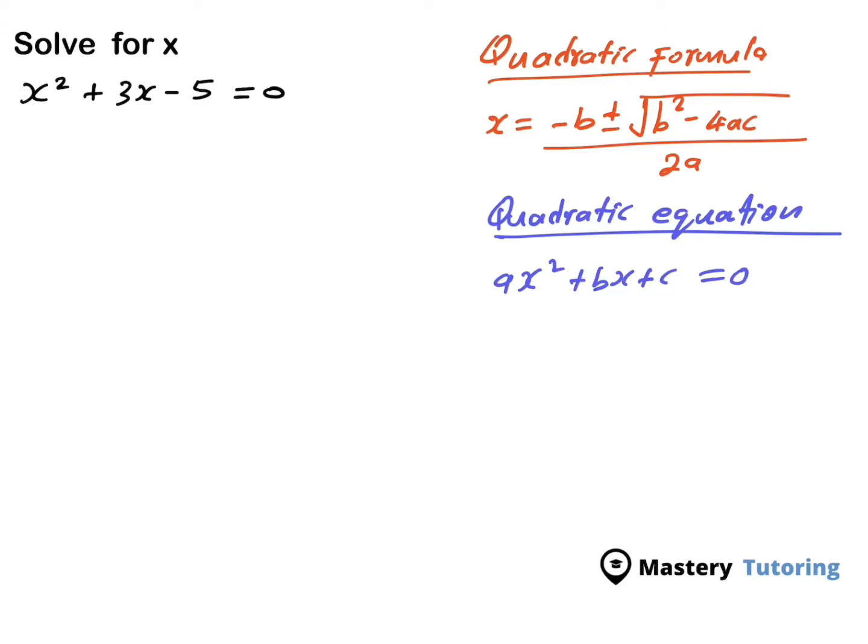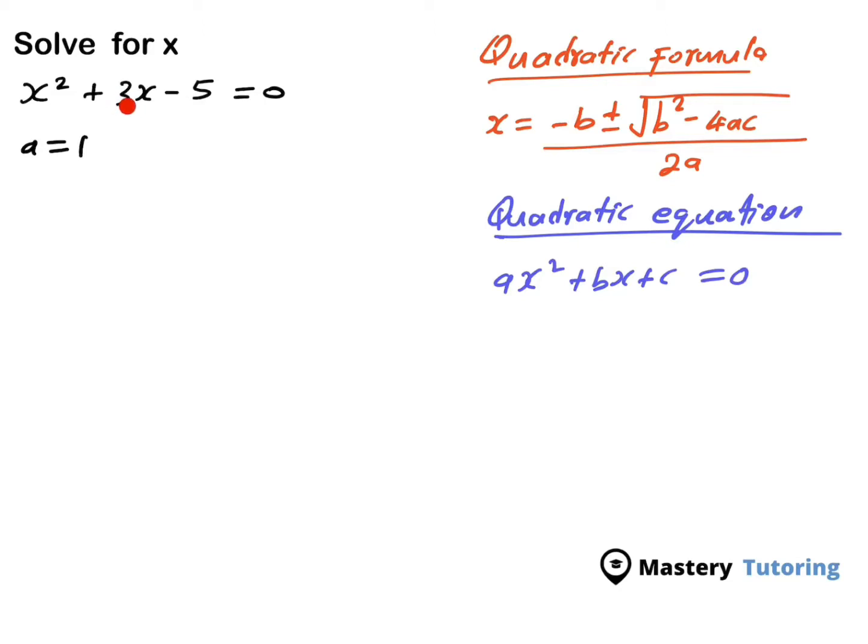The a is the coefficient of x squared. When you check here, for the coefficient of x squared there's no number written next to it. As you know, in mathematics, we assume there's an imaginary number 1 there. So we're going to say a equals 1. The value of b is going to be the coefficient of x.